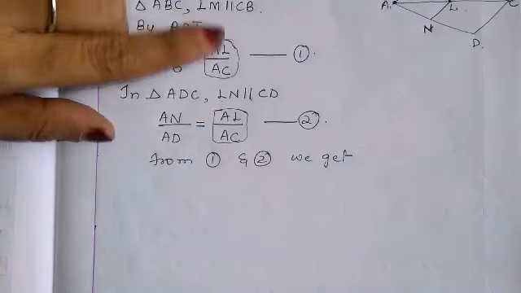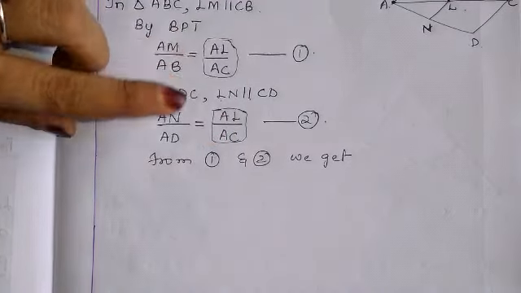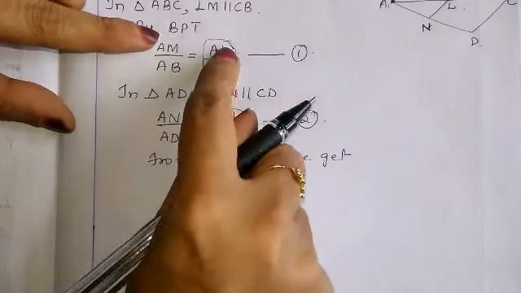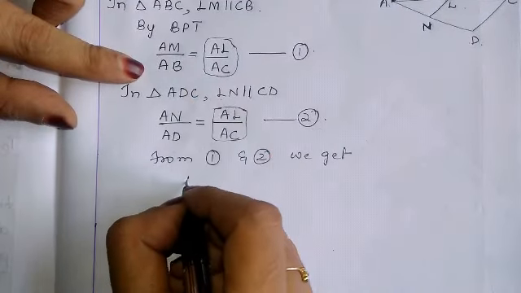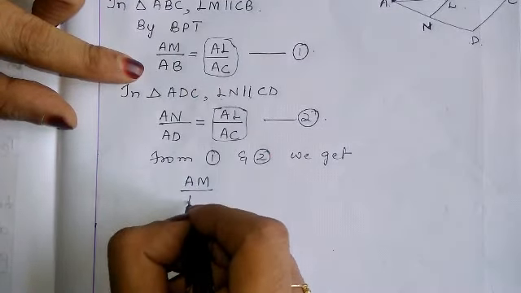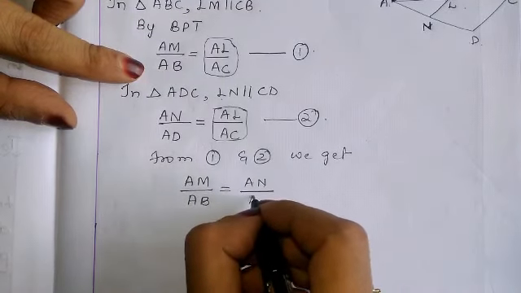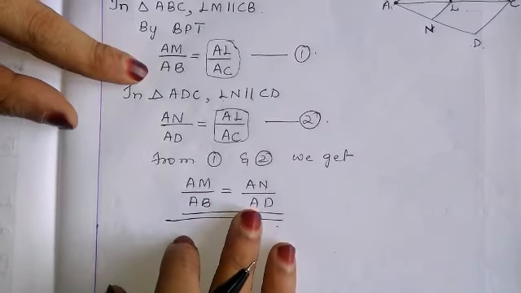I have already told you, things which are equal to the same thing are equal to one another. So axiom 1 says, if this is equal, this too is equal. Therefore, AM by AB is equal to AN by AD. This is what they told us to prove. We got the answer.